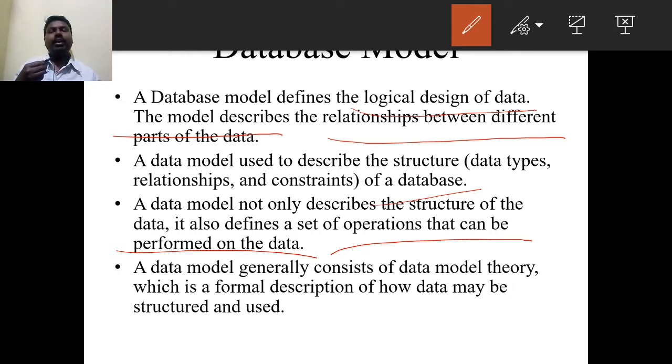We can add data in the database, we can remove data, we can change the value of data, we can access the data. These are all the operations that can be performed on the database.